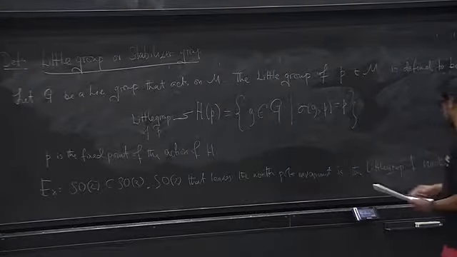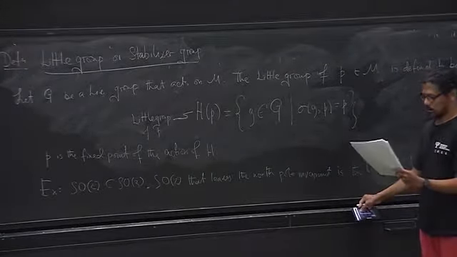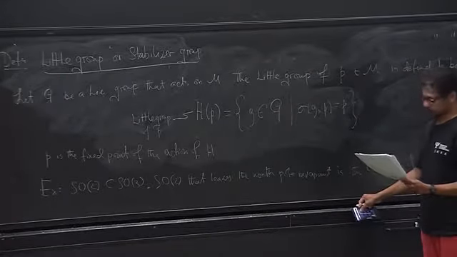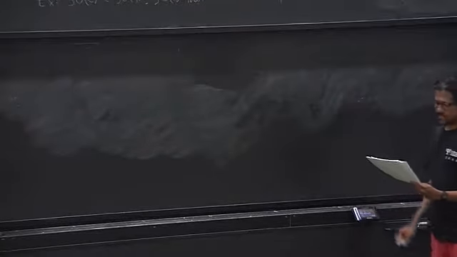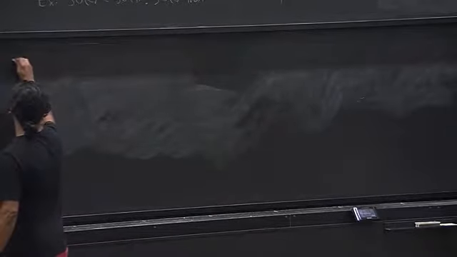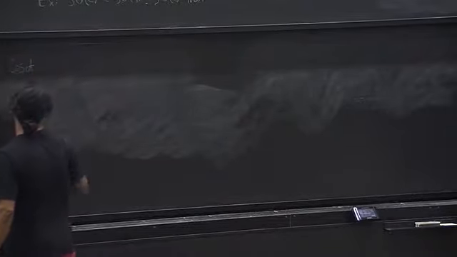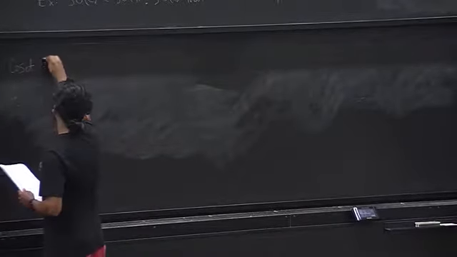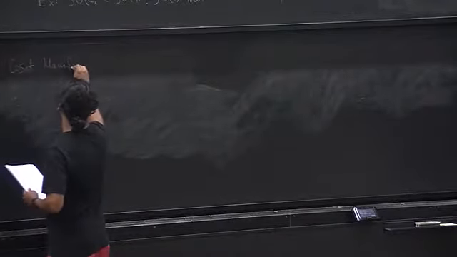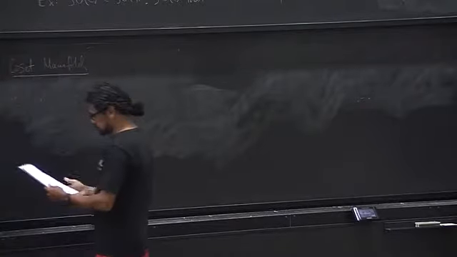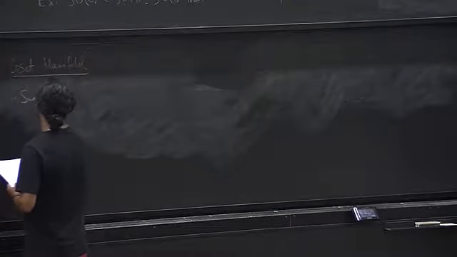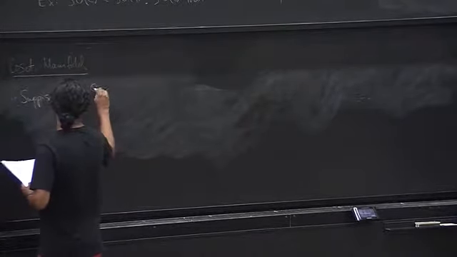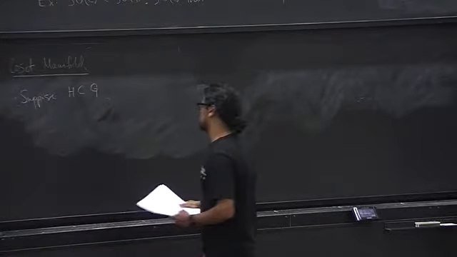So we now come back to an idea that we introduced before, which is a coset. And now I'm going to introduce the idea of a coset manifold. So suppose H is some subgroup of G, which is a proper subgroup.